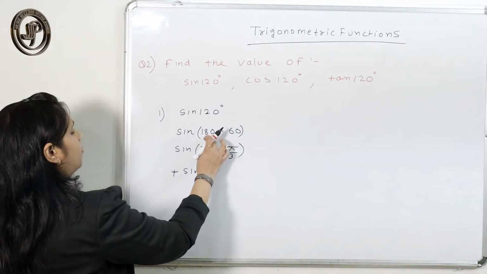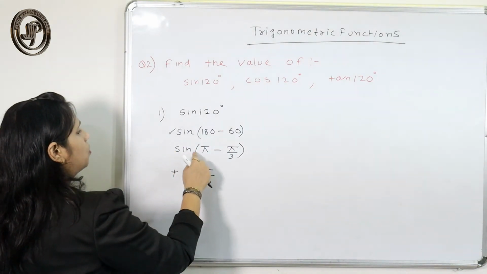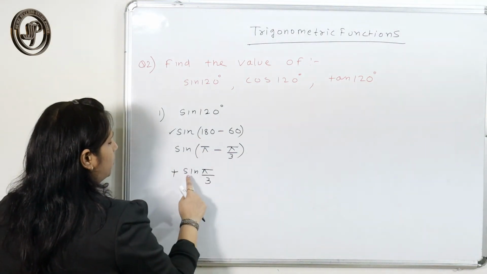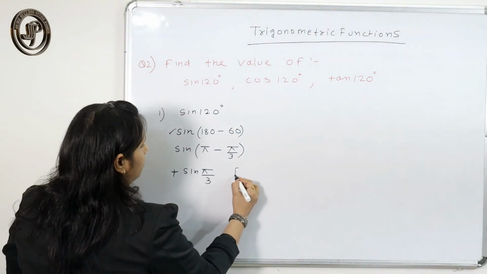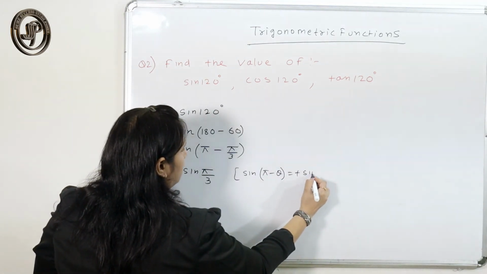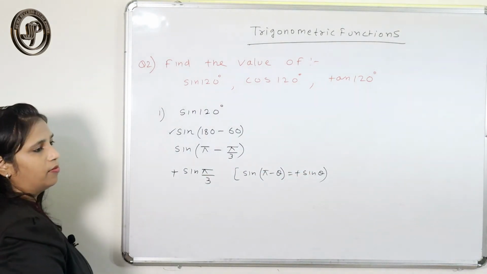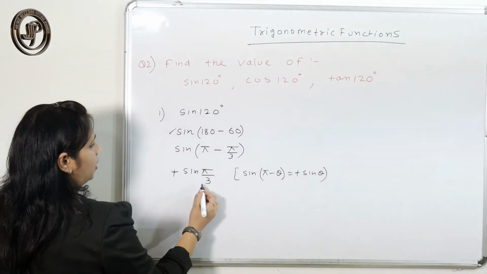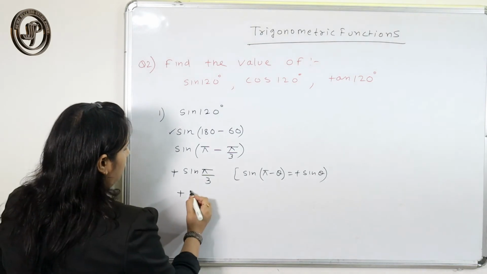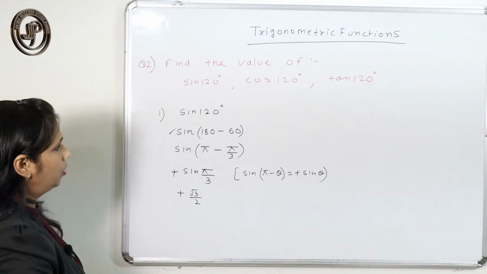You need not convert this as sine pi minus pi by 3, but the formula I have used is sine pi minus theta is plus sine theta, because sine in the second quadrant is positive. So plus sine pi by 3. Sine 60 is how much? Root 3 upon 2. So that is the value for sine 120 degree.